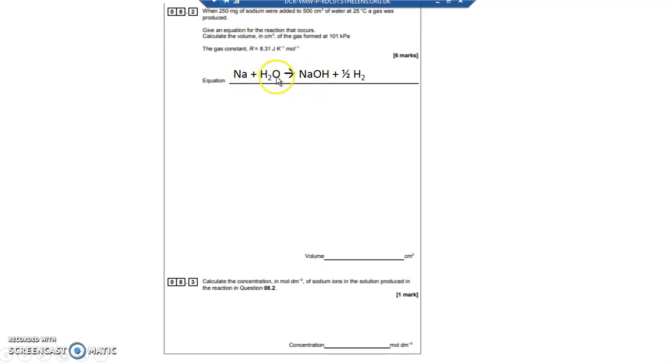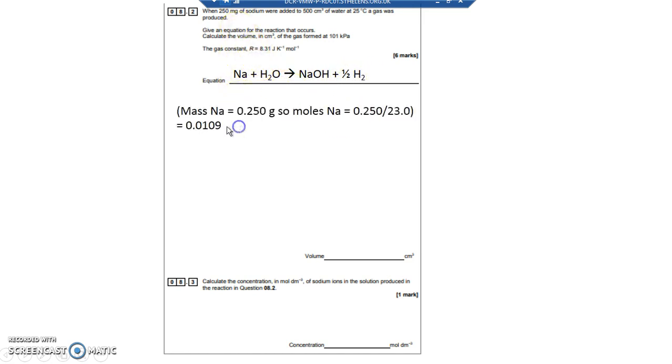So sodium makes sodium hydroxide. A metal and water always makes the hydroxide, unless it's something like magnesium with steam that will make magnesium oxide. But in cold water it makes the hydroxide. I know hydroxide is OH-, Na is Na+ because it's in group 1, so it's just NaOH, and you make some hydrogen, and you can balance that by putting half H2.